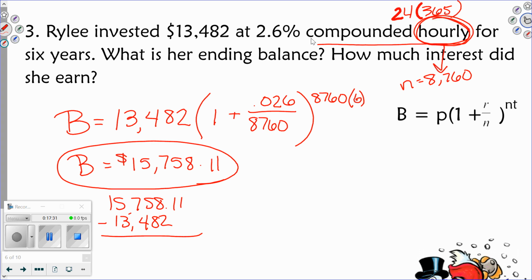Use your brain. It did not say simple. Type it in. When is the only time you use a simple interest formula? When it says simple interest.